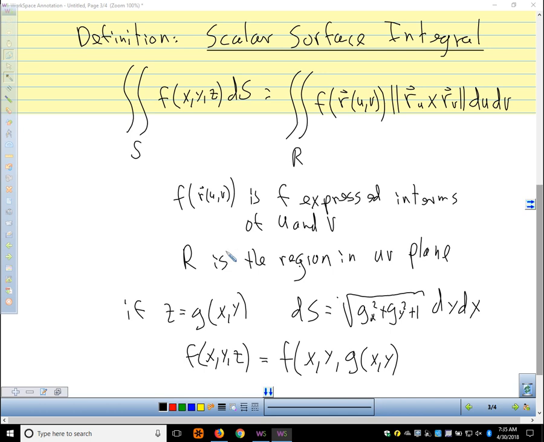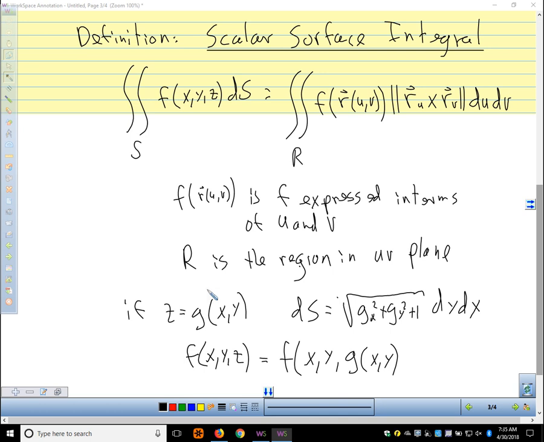And here the region R would be our region in the xy plane. So for a scalar surface integral, we're just multiplying some function times a little area on the surface and summing that over our region in the plane.